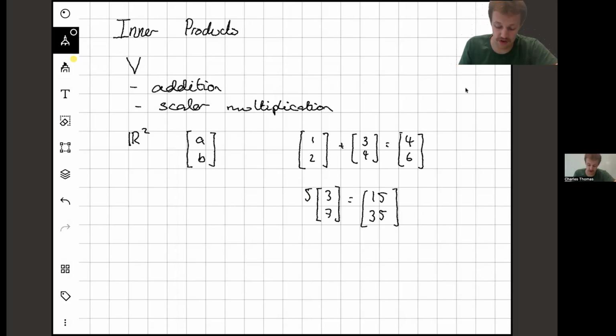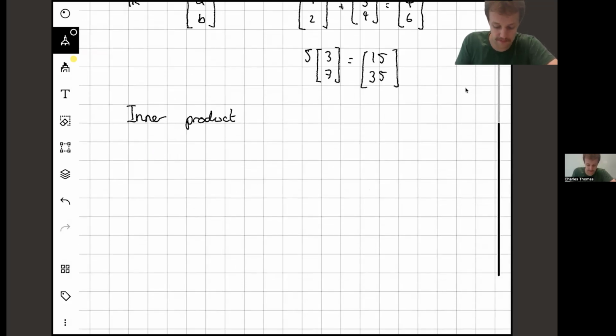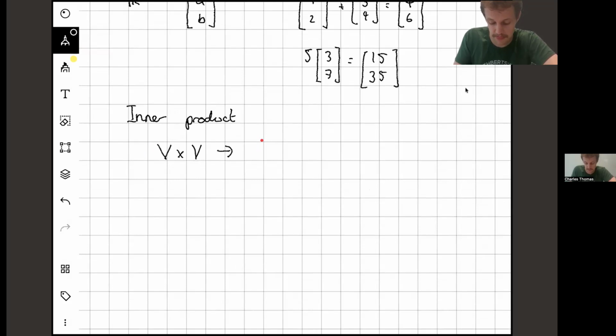This time, we're going to introduce a new function called an inner product on our vector space. An inner product eats two vectors and gives us back some number in a field F. Just to remind you, this field for us is just going to be the real numbers or the complex numbers.